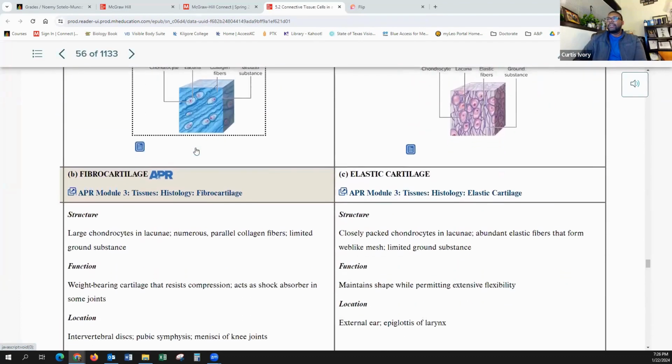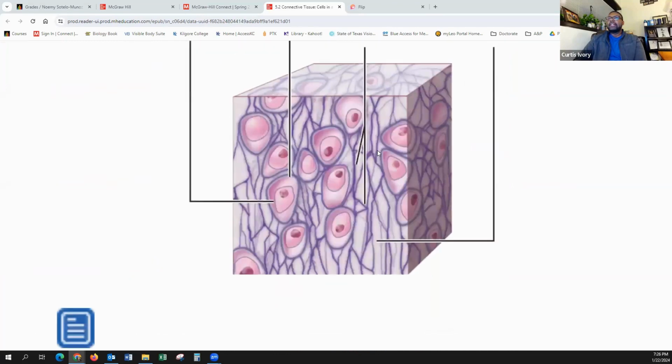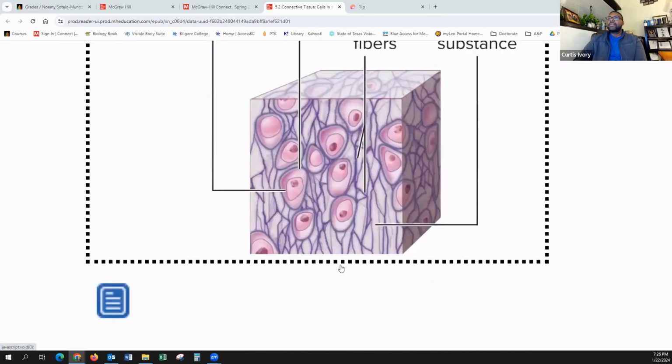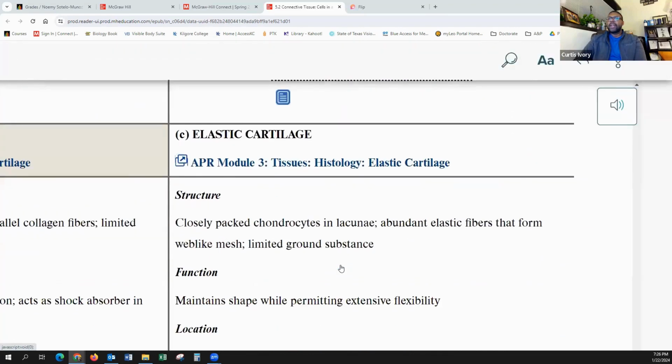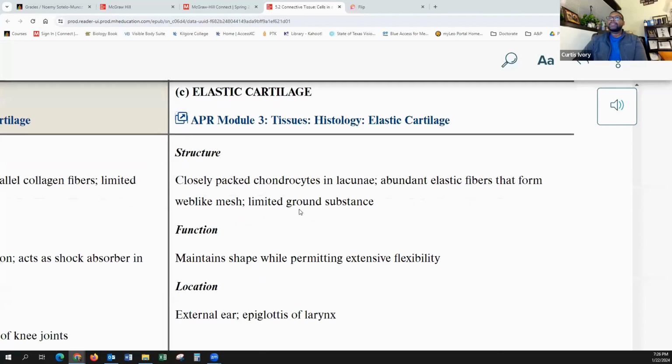Elastic cartilage, which if you look here, looks very, very stringy. Those are the elastic fibers. And you're going to find this one in your external ear. So if you look at your ear, why it's so nice and floppy is because of elastic cartilage.